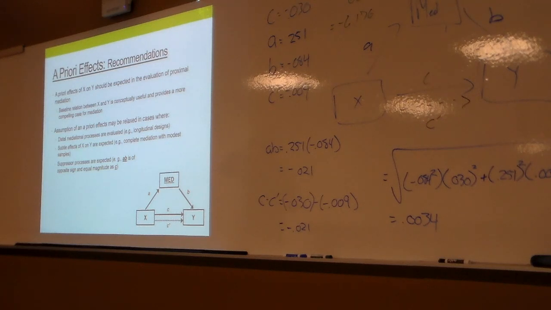If your strongest situation is going to be if you have an a priori effect of X on Y, having a base relation there is going to be easiest to go through and proceed with your model, right? Having this relation between X and Y is conceptually useful, provides a more compelling case for that sort of, yes, there's an association there to be mediated.